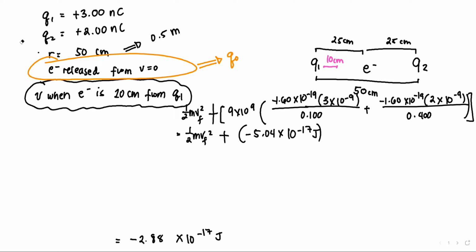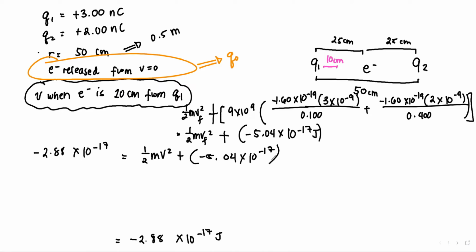We had negative 2.88 times 10 raised to negative 17 is equal to 1/2 mv squared plus negative 5.04 times 10 raised to negative 17. I can transpose this. I can have negative 2.88 times 10 raised to negative 17 plus my 5.04 times 10 raised to negative 17 equals 1/2 mv squared.